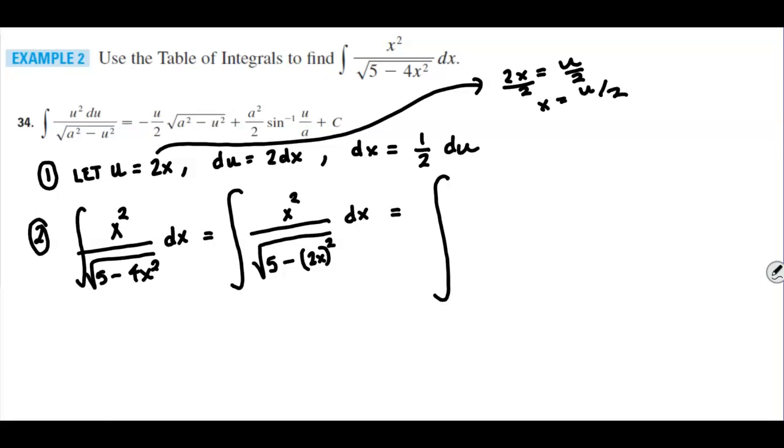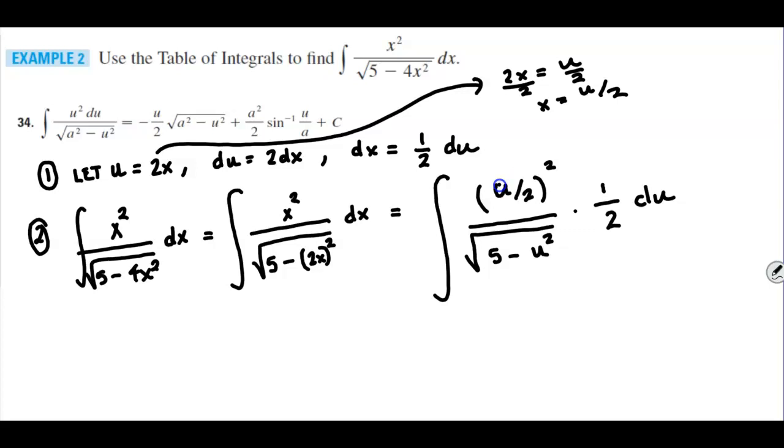So what we're going to replace x squared with is u divided by 2 squared, divided by the square root of 5 minus, what do we say that u is equal to? We know it's 2x, so that means you're going to have u squared in the denominator. And then dx we found to be 1/2 du.